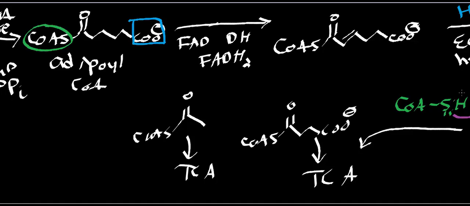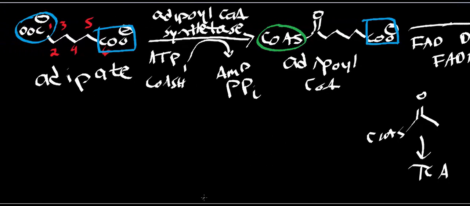So what have we seen in this pathway? Well, in omega oxidation, we generated adipate. But just like I mentioned in other videos, our body doesn't like to waste things. Everything in our body has some use, and usually there's some catabolic pathway for it. Adipate is no exception. So we're doing a pathway that's virtually identical to beta oxidation, except the enzymes are specific for this carboxylate right here.